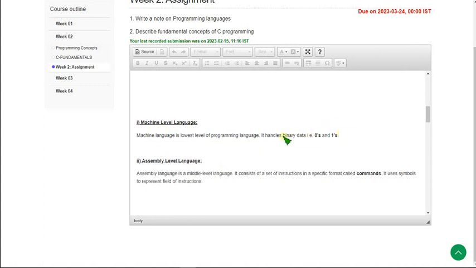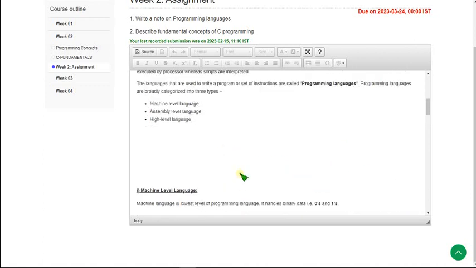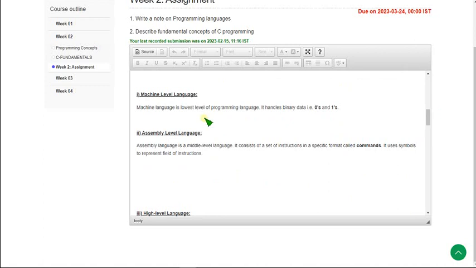It is also called binary language, because it is only represented in binary digits. Guys, it's not exactly a binary language, it is a binary form of language, because we represent everything in only zeros and ones. So it is machine level.